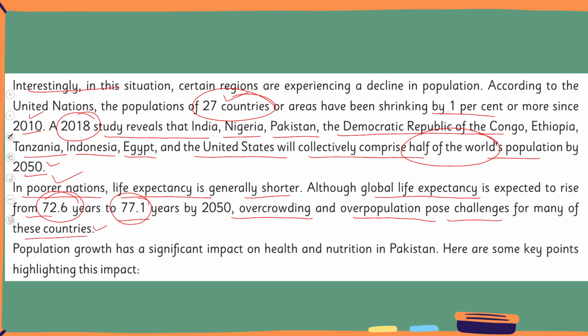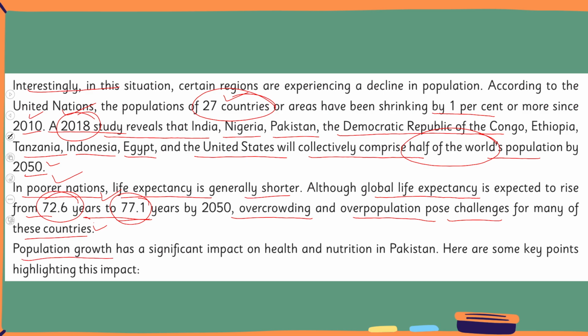So when people have higher life expectancies, the earth will be overpopulated because the birth rate is also included in it. So this is also a very good evidence that we can provide, along with the study of 2018.